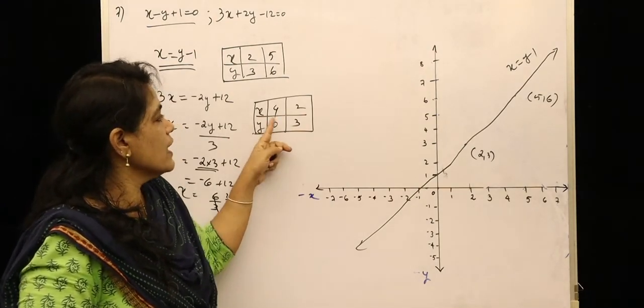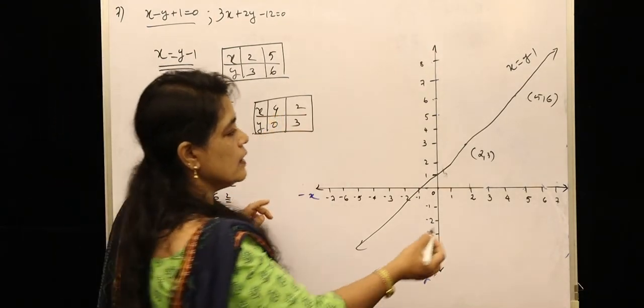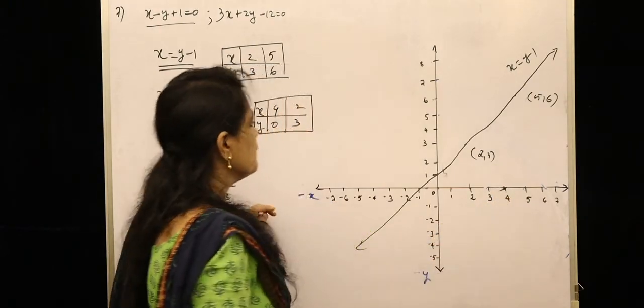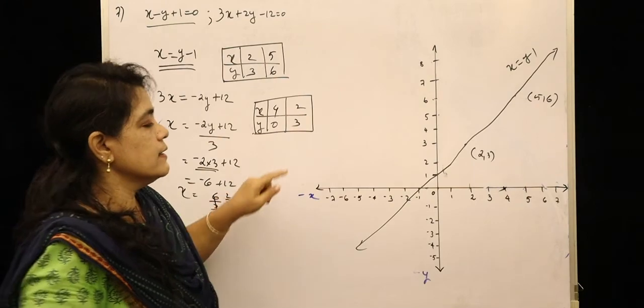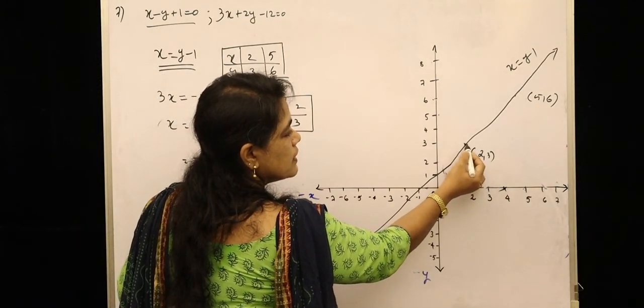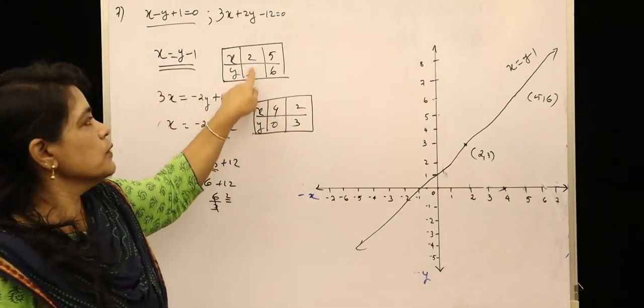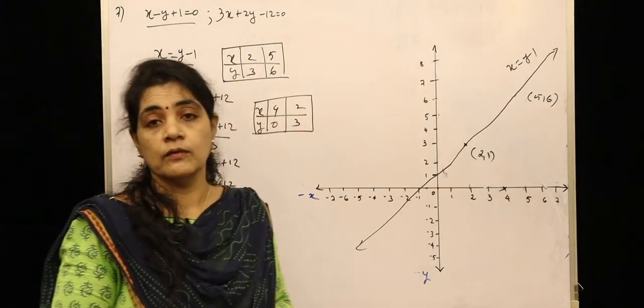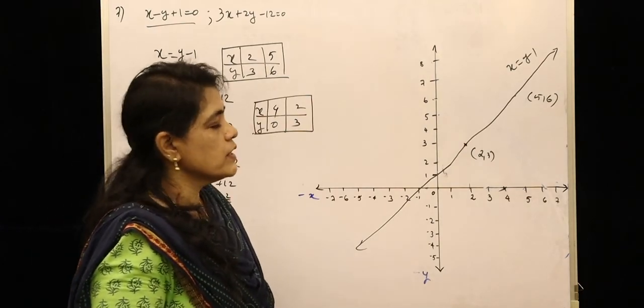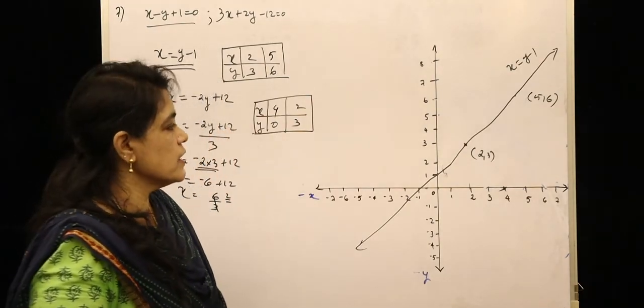For x equal to 4, on the positive x-axis, and y is 0 itself here. And 2 and 3, 2 here and 3 comes here, this point itself. 2, 3 is a common point for both the lines. Passing through these 2 points we can draw the straight line.